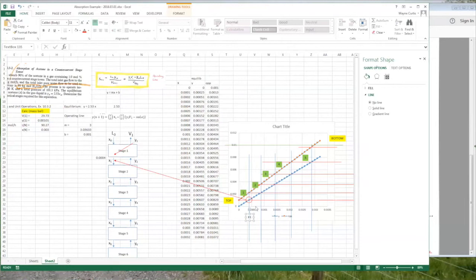Now that I have x1, I can put x1 into the operating line, which is this equation here, and calculate the next point on the other side.